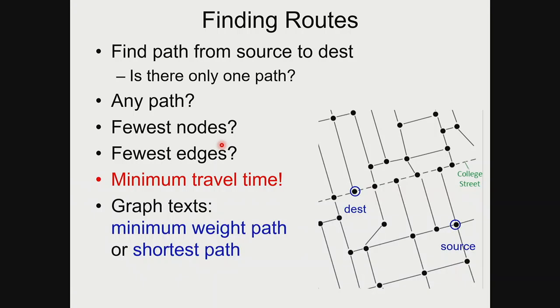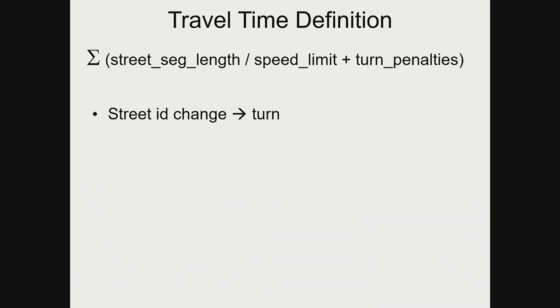Each edge, or each street segment, is weighted with the travel time to travel on that street segment. As we talked about earlier, the travel time definition is the summation of all the travel times for each street segment, plus the turn penalty for each turn that you're doing in the path.